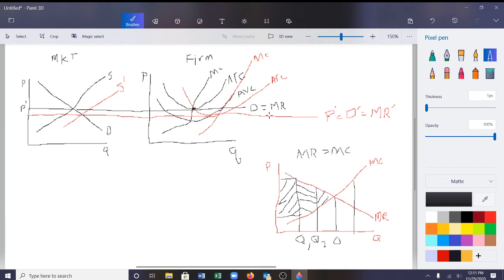So in this example, because the marginal revenue is taken, because your firm cannot influence the price, you're going to set marginal revenue equal to marginal cost consistently. But you have no control over price.